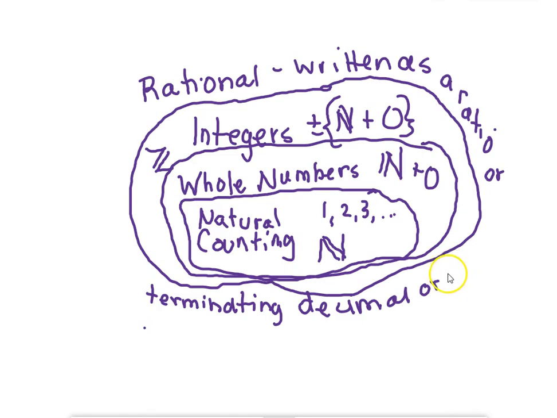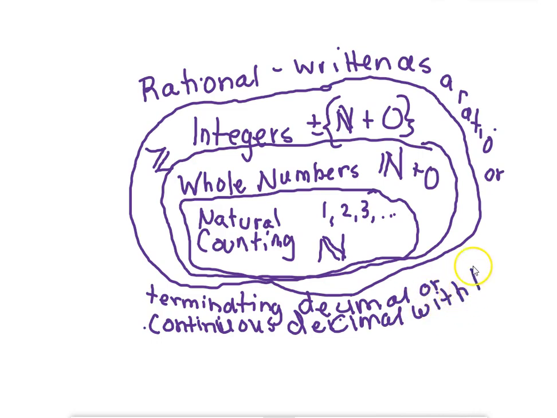That would be the case of a non-terminating decimal that is considered rational. So it's a continuous decimal with a pattern.